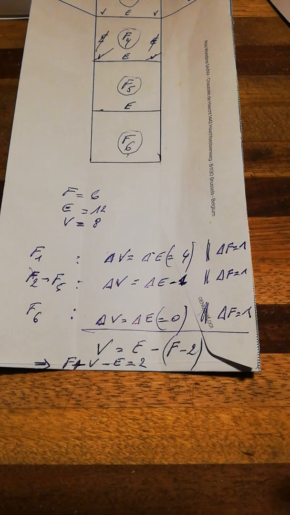On the F2 until the F5, so the second until the last but one, you will always have that the delta V equals the delta E minus 1. And you can check that for any situation. And it is easy to understand because you don't have to add two vertices.